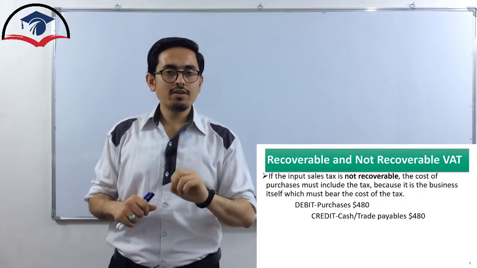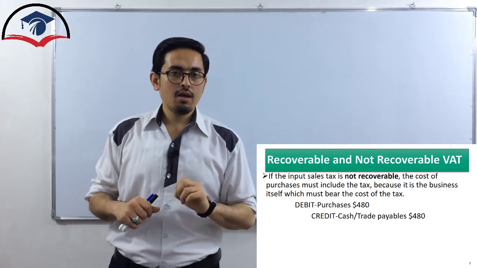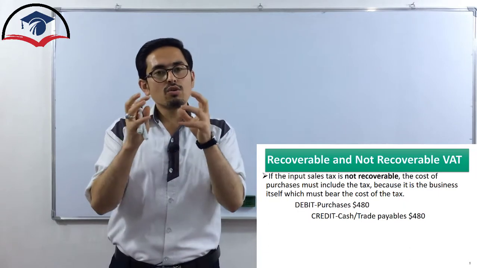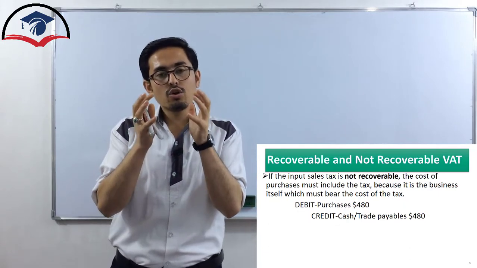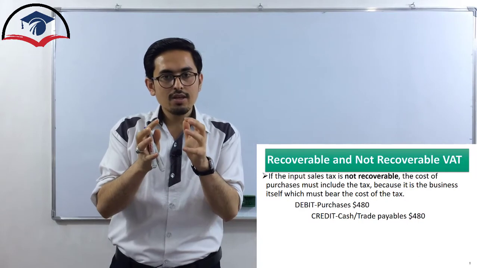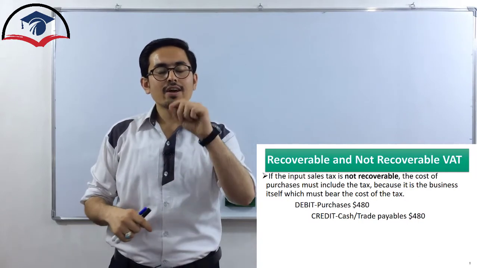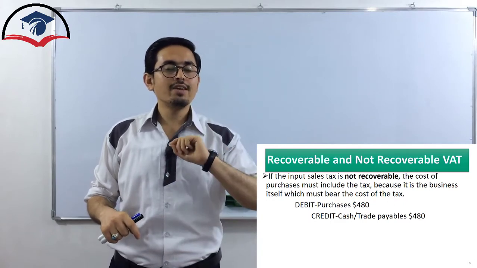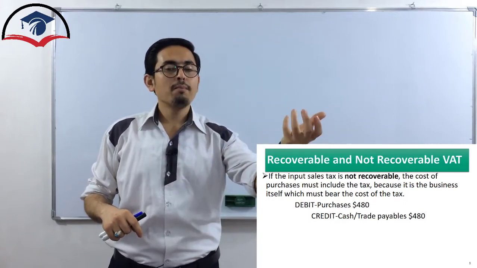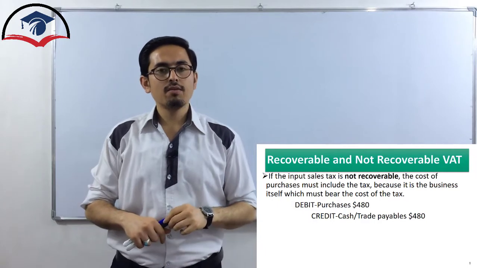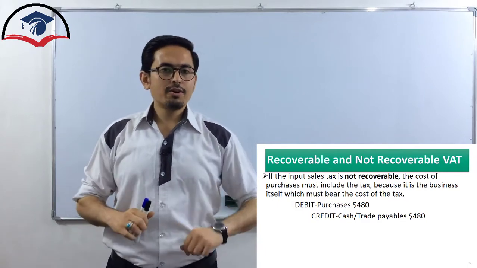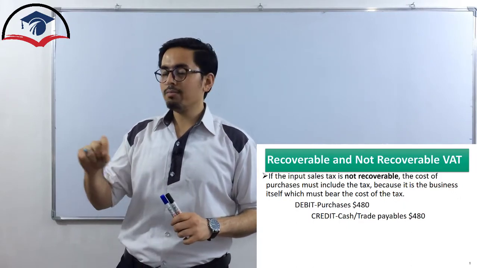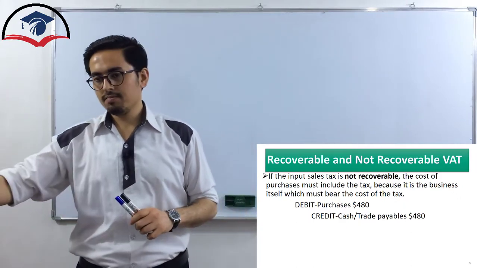Therefore, whenever they pay some tax that is not recoverable from tax authorities, they need to include it in the purchase price and consider it as a cost. In such a case, they can consider that in pricing of their product to recover that tax from the customer, but not in the name of value added tax. So the purchase will be debited by the gross amount, and that gross amount will be payable to the supplier.